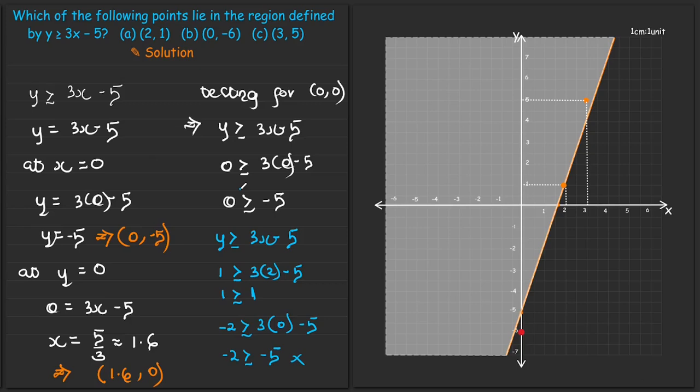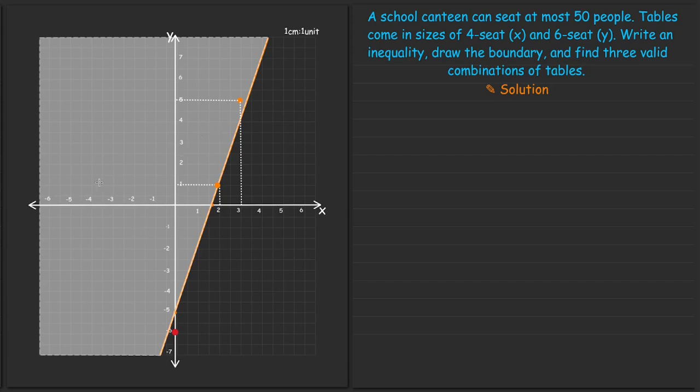Linear inequality doesn't just solve these types of problems, but it solves real life problems as well. It has to do with businesses, maximizing profits, and all that. Let's look at one such question, that is a word problem. For our last question here, it says the school canteen can seat at most 50 people.